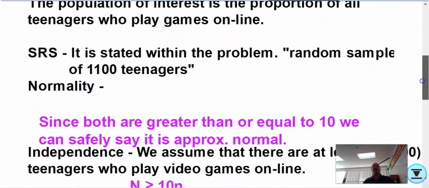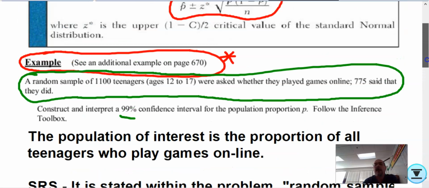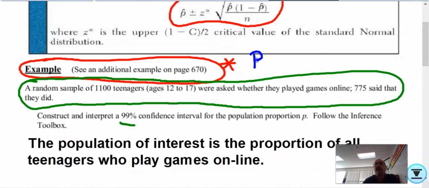Normality. This is where we have to do a little bit of math. We take the 1,100 times the proportion. I didn't do that yet, did I? So let's find our p hat. Our p hat is going to be 775 divided by the 1,100 teenagers, and that's going to be 0.705.